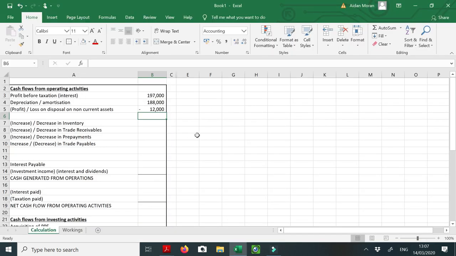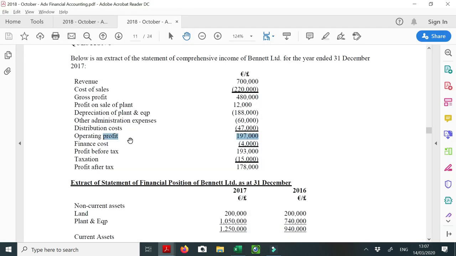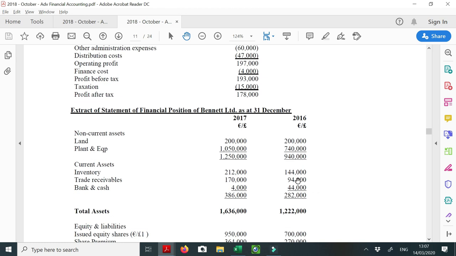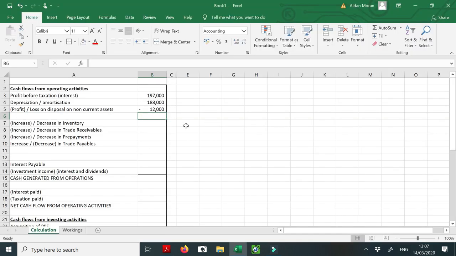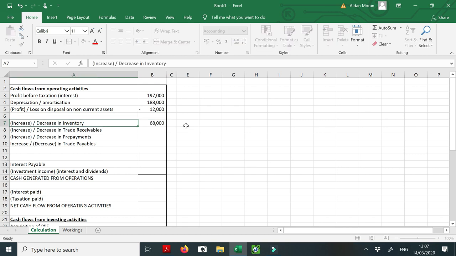That's where that goes. I need to look at the movements in terms of my inventory. So my inventory was 144, and it's gone up to 212, so that's an increase of 68,000. So put in 68,000, it's an increase, so it's minus 68,000.